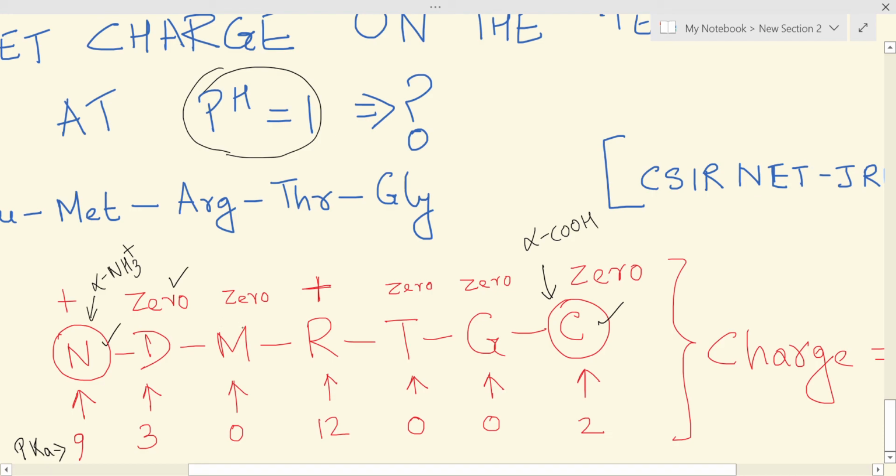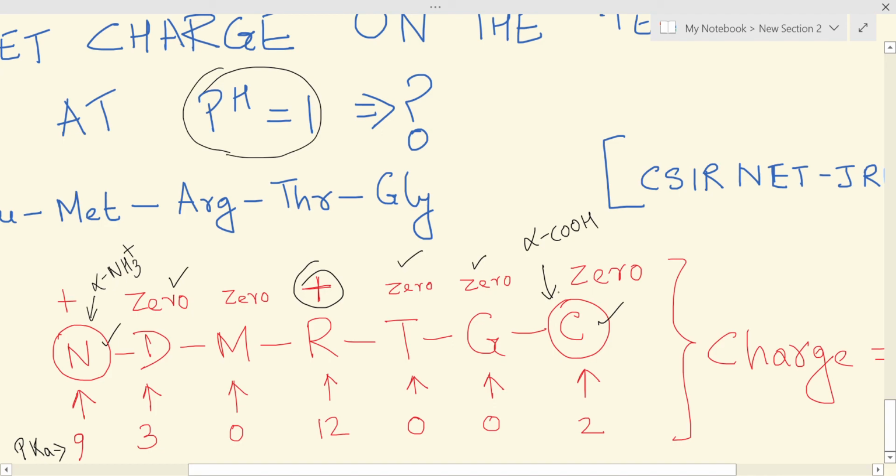And a non-polar amino acid will have 0 charge. Arginine is basic in nature, so pH is lesser than the pKa value, so it will be protonated and it will acquire 1 positive charge. Threonine is non-polar, so it will have 0 charge. Glycine, again 0. And alpha COOH is acidic, and when it is protonated, it will have 0 charge. I hope this is clear.